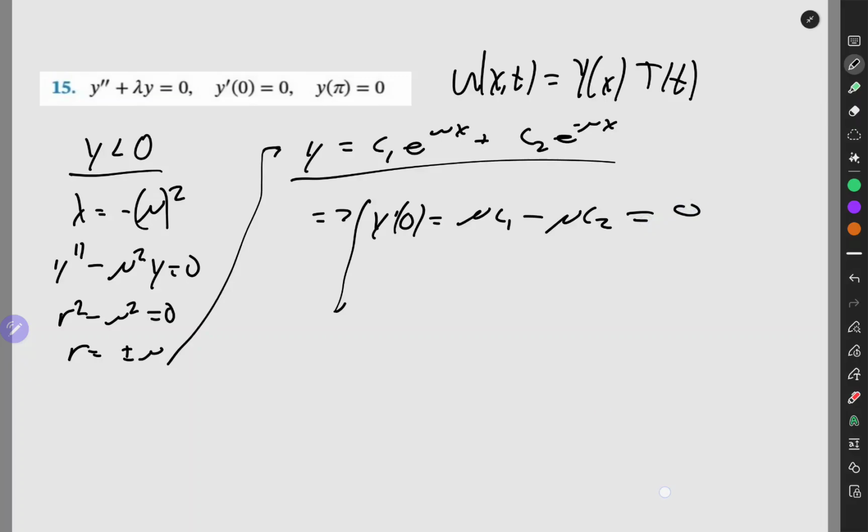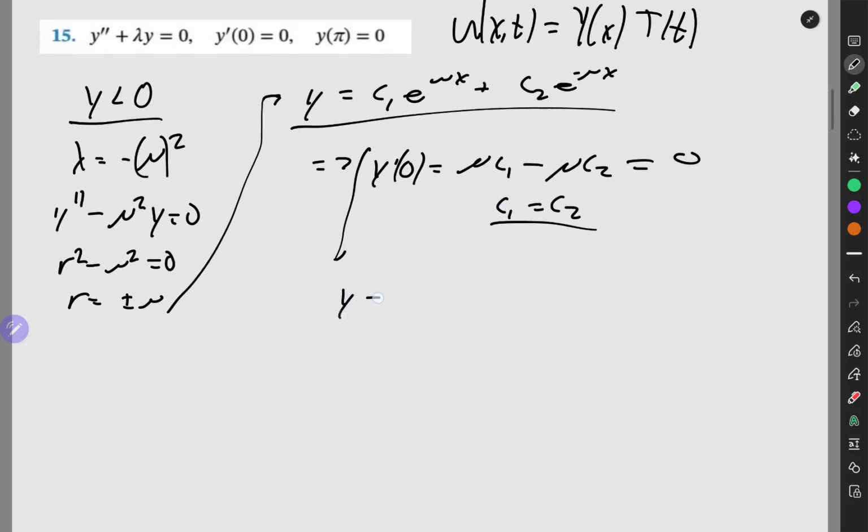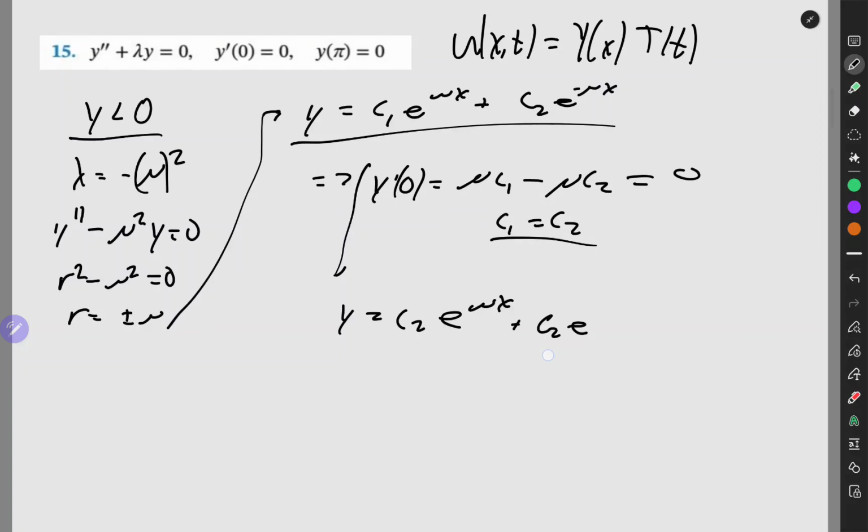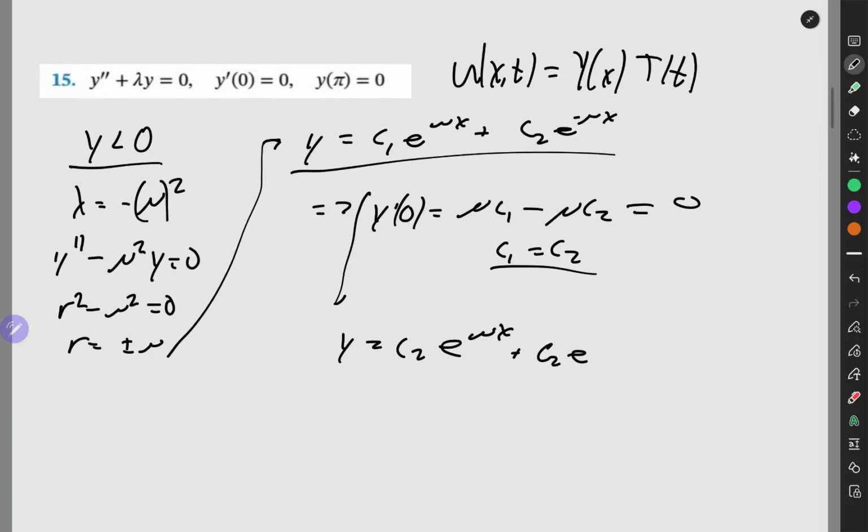From this, we can see that c1 equals c2, right? So then y can be rewritten. Shouldn't one of these be minus? No. We're good.